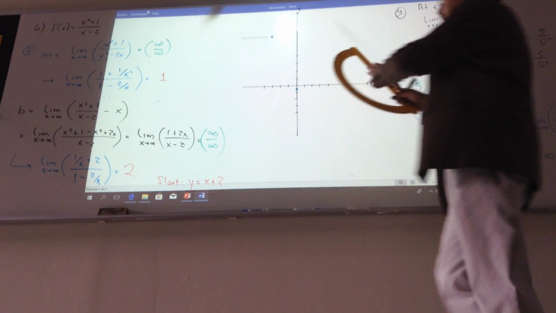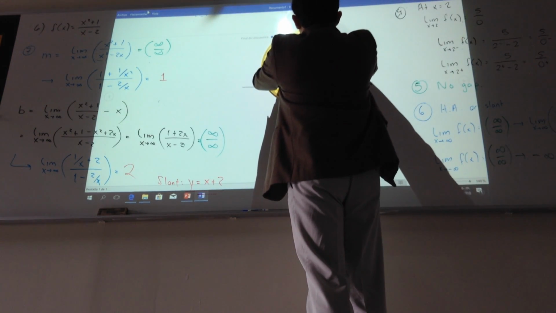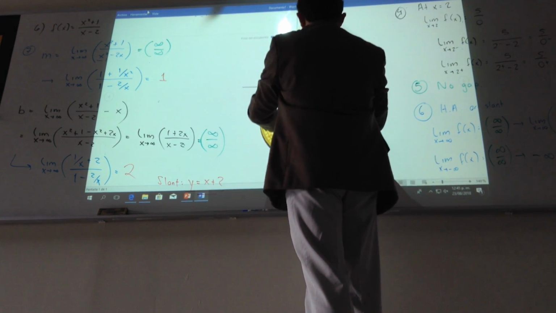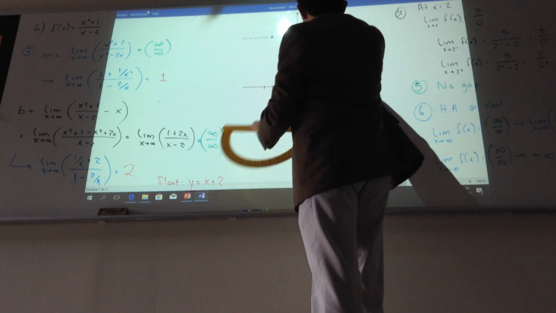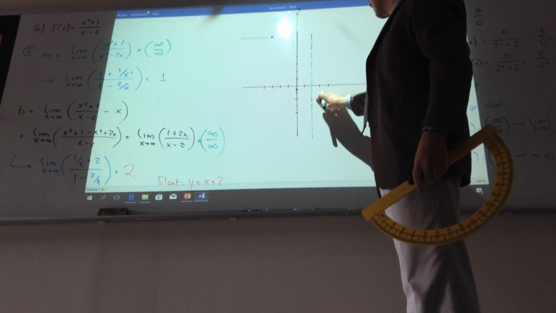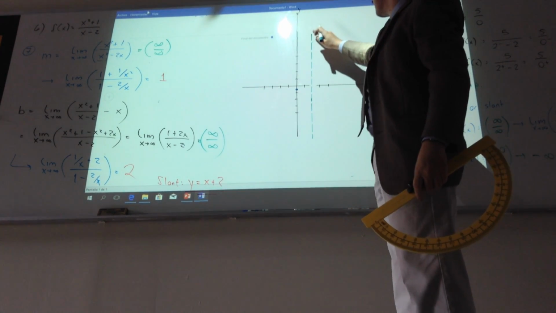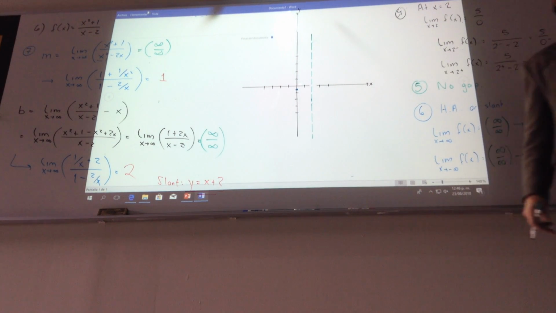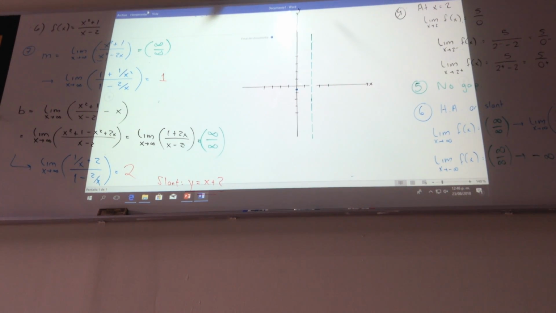So, vertical asymptote here. Horizontal asymptote, no. Slant asymptote, x plus 2. How can I graph x plus 2?